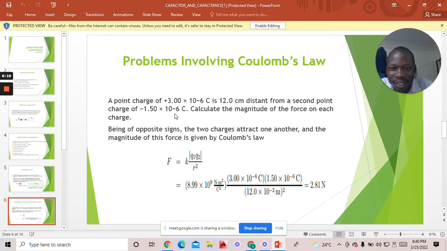So being of opposite signs, the two charges attract each other, and the magnitude of the force is given as shown.